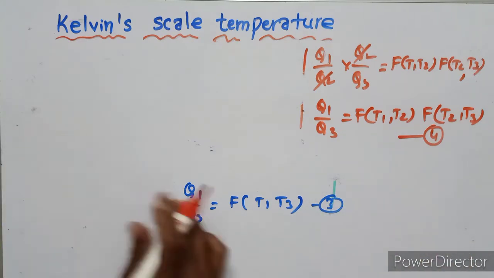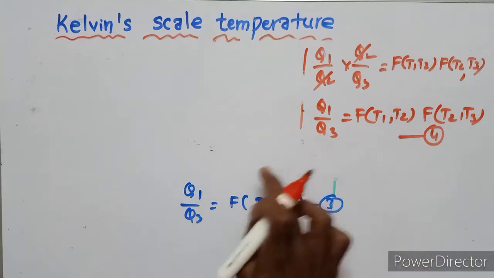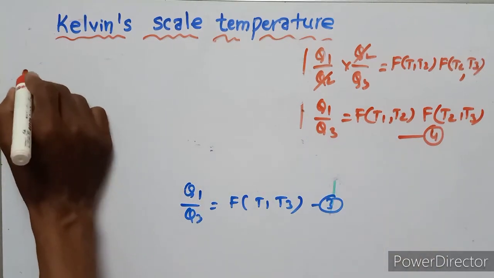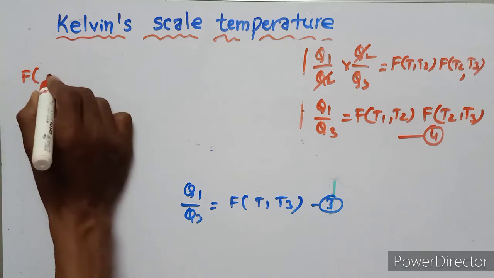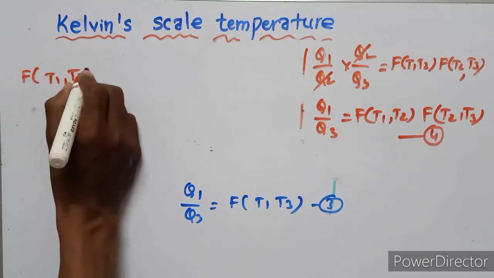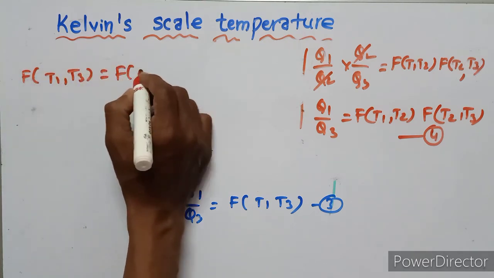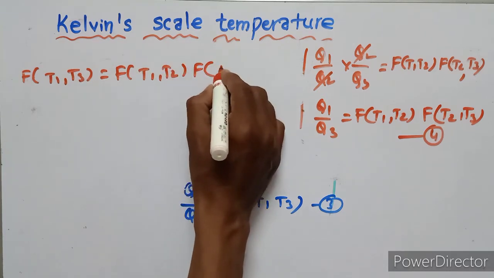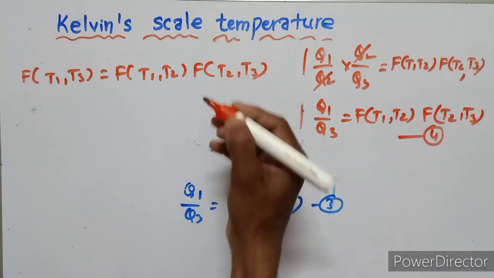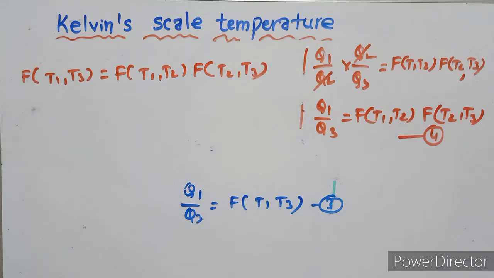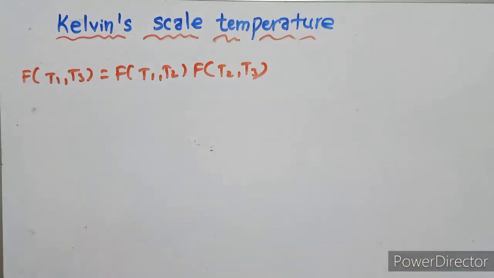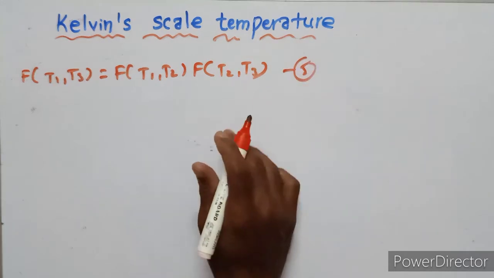The left-hand sides are equal, so the right-hand sides are equal: f of T1, T3 is equal to f of T1, T2 into f of T2, T3. This is our fifth equation.